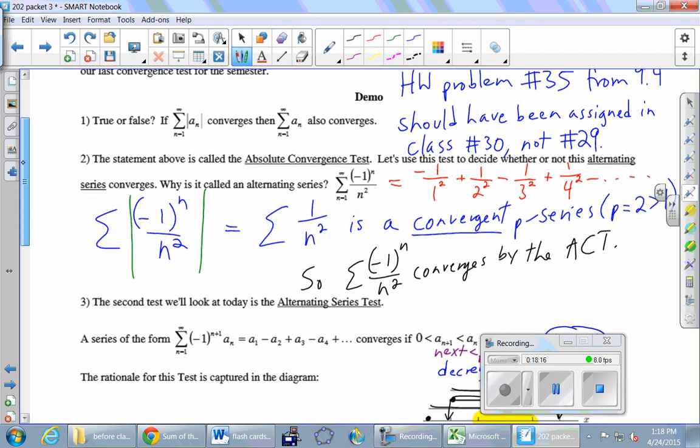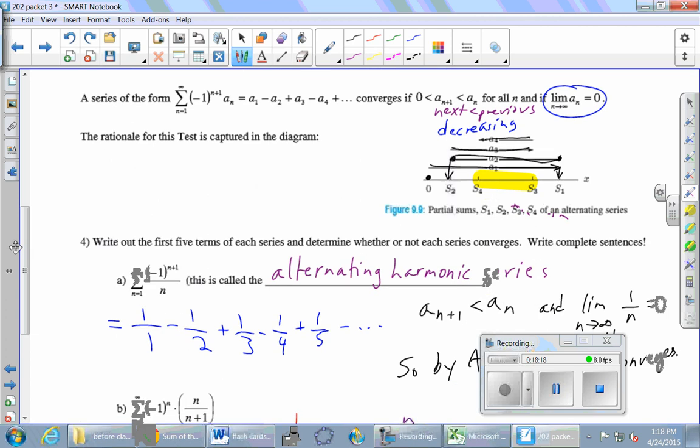I'll show you the picture here. You guys agree that the right answer, if I did this sum forever, is something between S3 and S4, right? And that distance is A4, yeah? And so if I stop at A3, if I stopped right there, and I said, okay, this is my best guess for what the real infinity answer is, at most, I am off by A4.